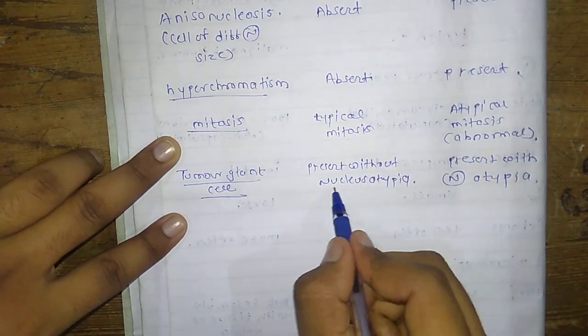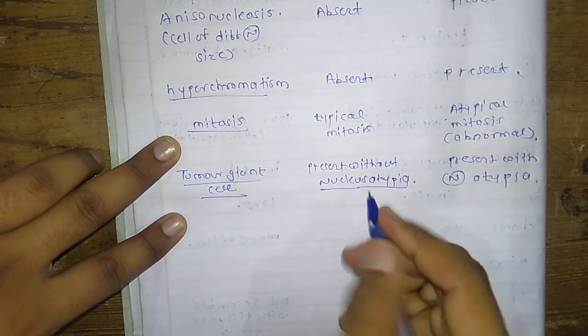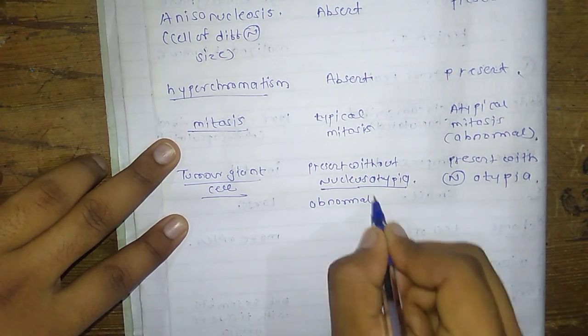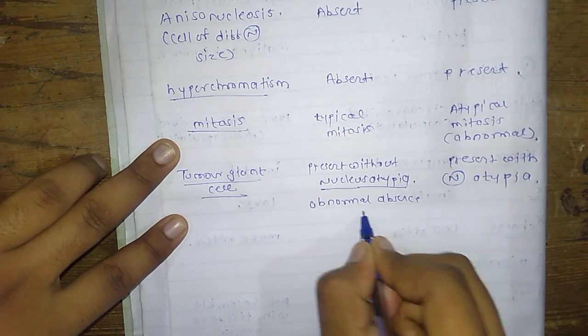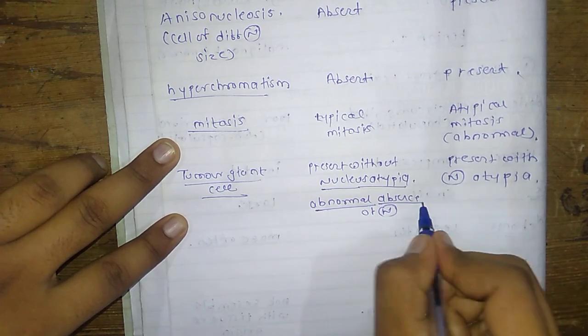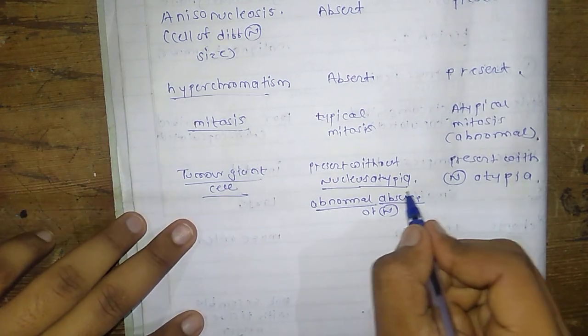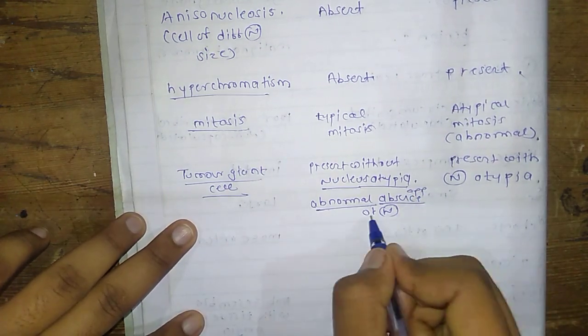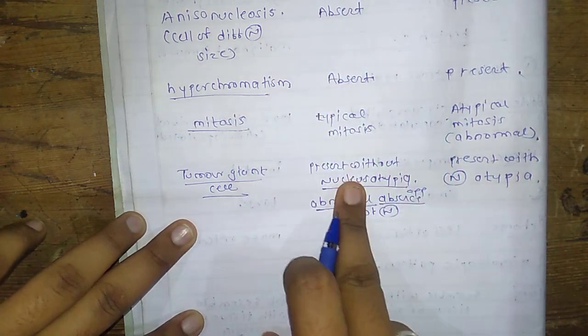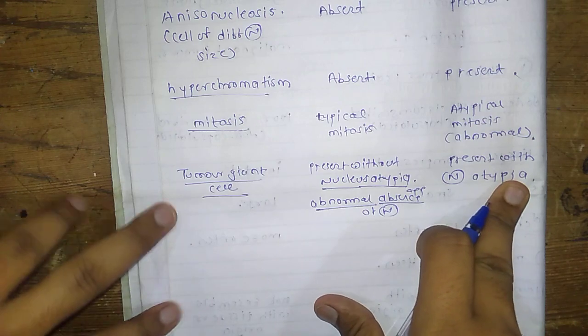So what is nuclear atypia? Means abnormal appearance of the nucleus. So nuclear atypia is not present in the benign tumor, it is present in the malignant tumor.